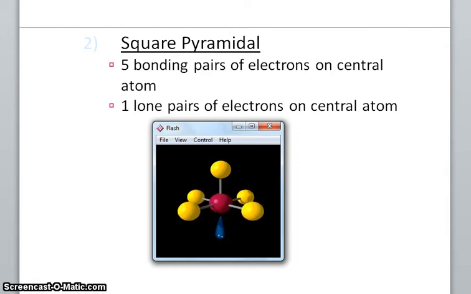And kind of literally, if you look at it, you've got a square along the bottom, and it kind of looks a little bit like a pyramid along the top. So if we've got 6 pairs of electrons around the central atom, and 5 are our bonding pairs, 1 is a lone pair, our molecular geometry will be square pyramidal.